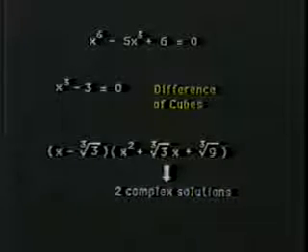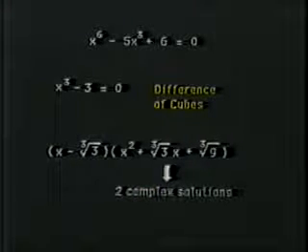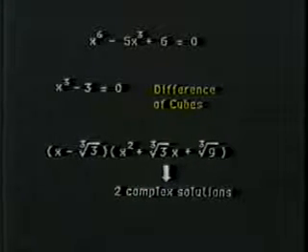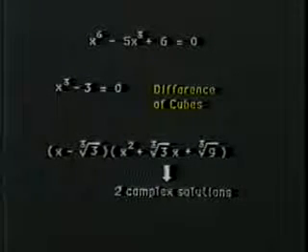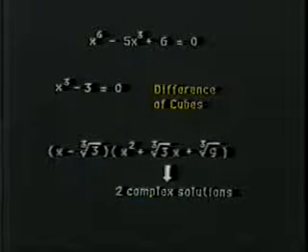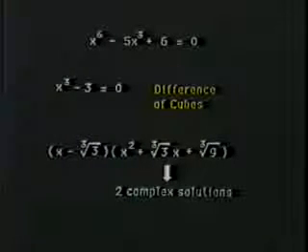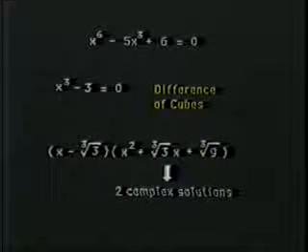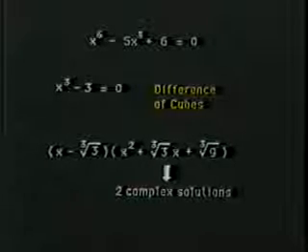You might have been expecting more answers, since it is a 6th degree equation after all, but we've found the only real number answers. We could find extra complex number solutions by factoring like this and using the quadratic formula, but let's stick with the real solutions for now.